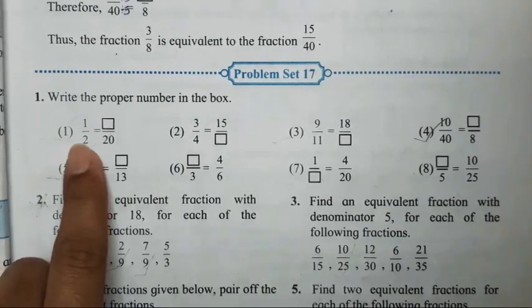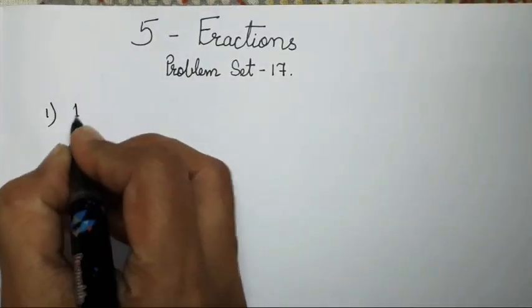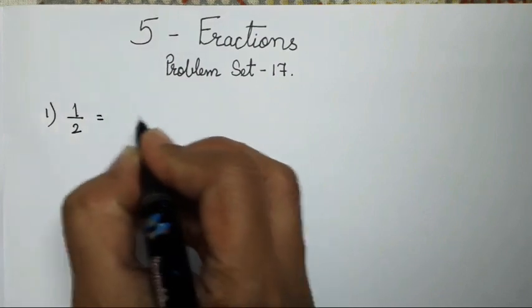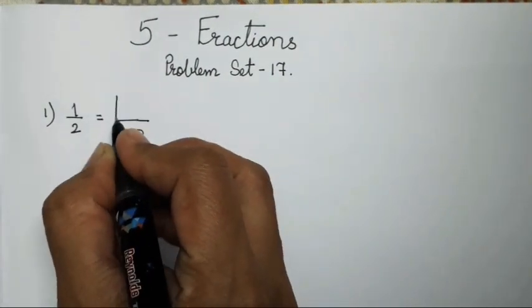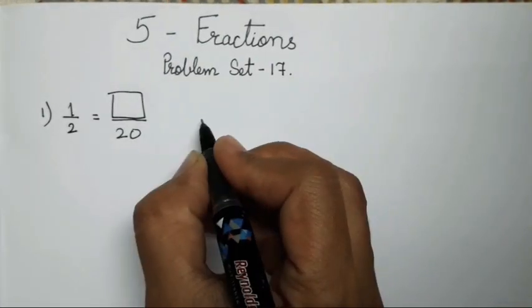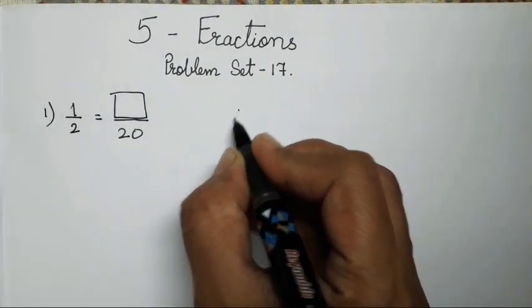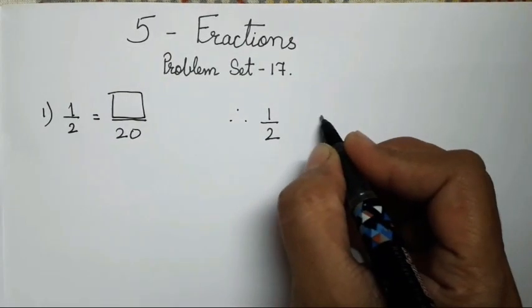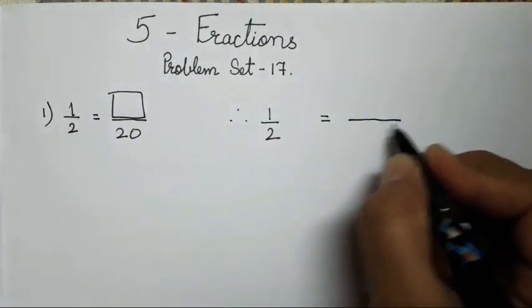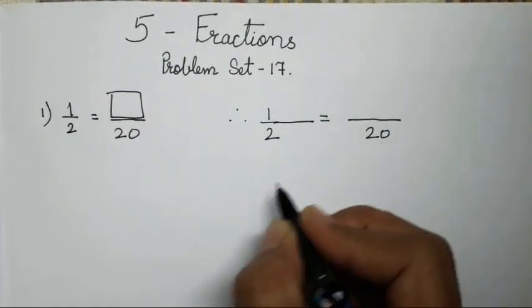So how are you going to solve the first question? Let's see. Suppose the question is 1 upon 2 is equal to dash upon 20 and you have to find the answer over here. So what is going to be the method? 1 upon 2, what number do you have to multiply 2 by to get 20?